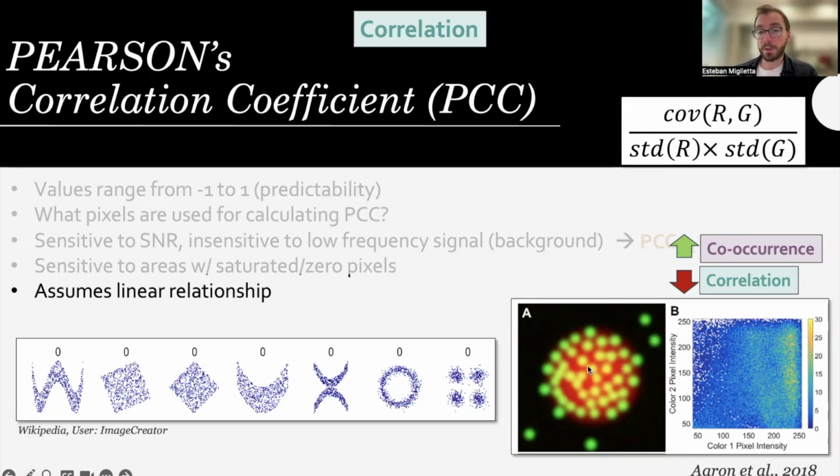However, all the green spheres are the same brightness wherever they are in the red. So you get a scattergram that looks like this, and if you only are measuring Pearson's correlation coefficient, you will see a very low value, which doesn't mean that you have low colocalization, just low correlation.